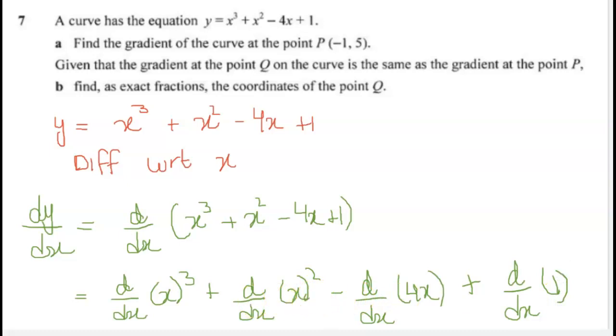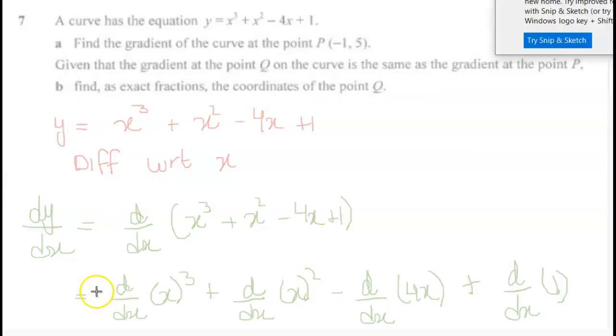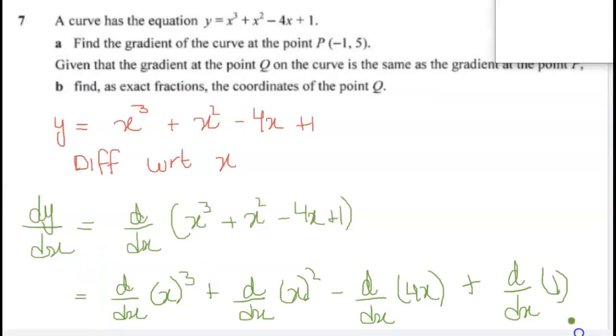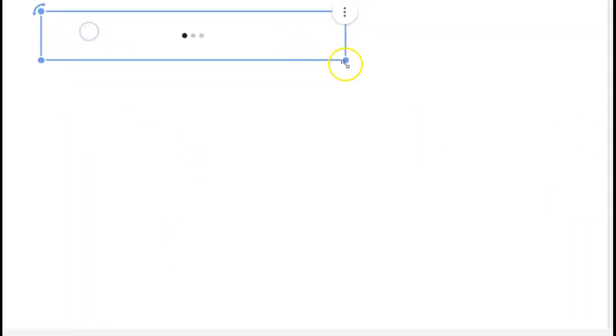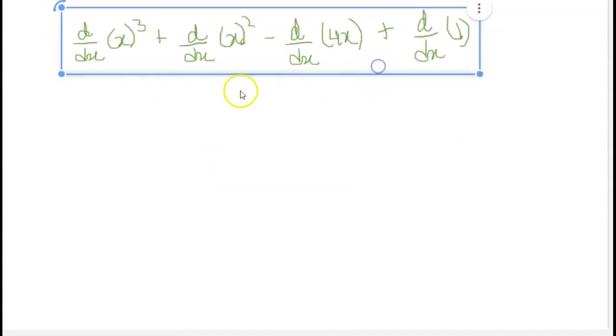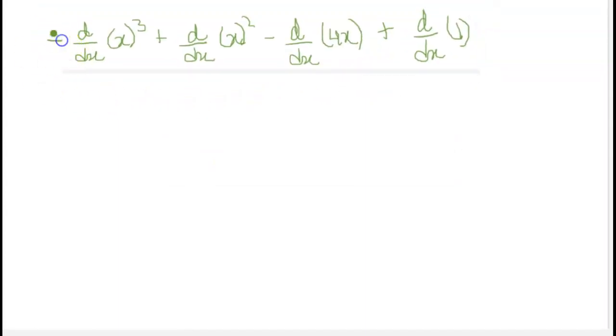Once you've done that one, you need to actually simplify. So that becomes a 3 comes out, x to the power 3 minus 1, plus 2 comes out, x to the power 2 minus 1.